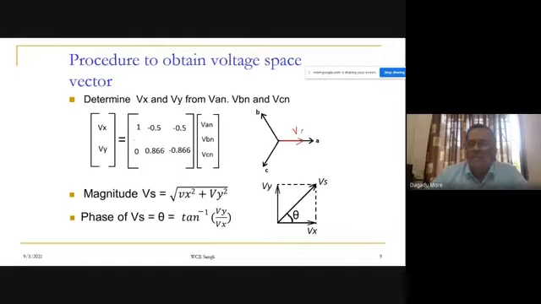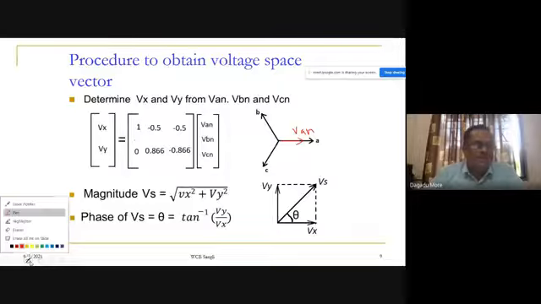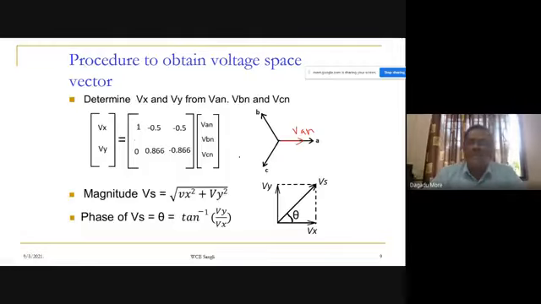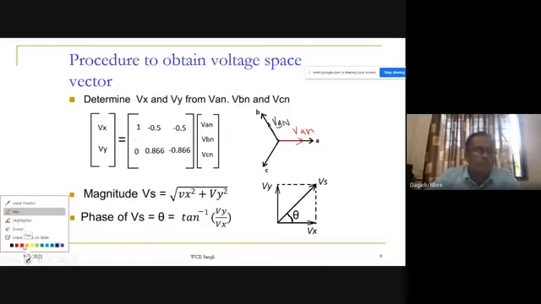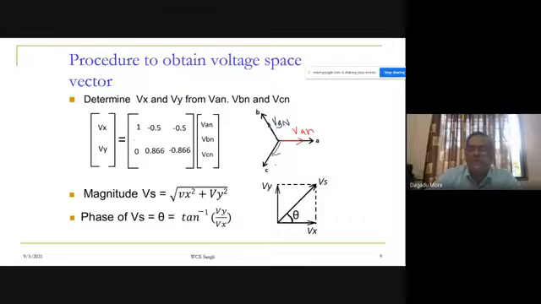Along the b-axis, we have VBN. And VCN will be along this c-axis.